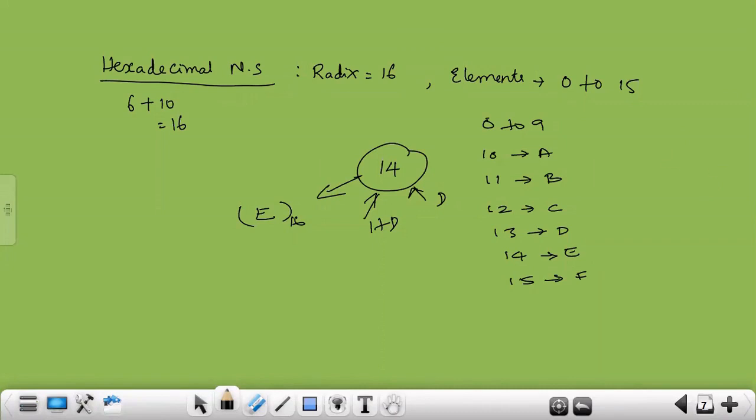From 10 I'll be using the notation A to F. Is it clear?